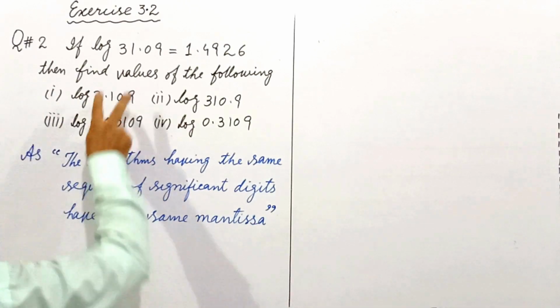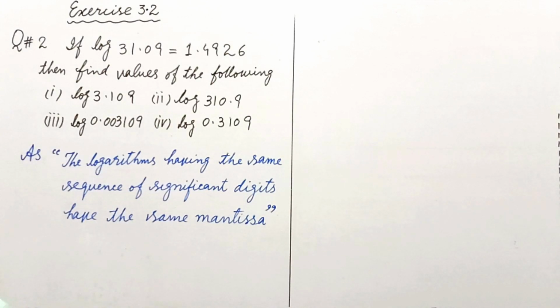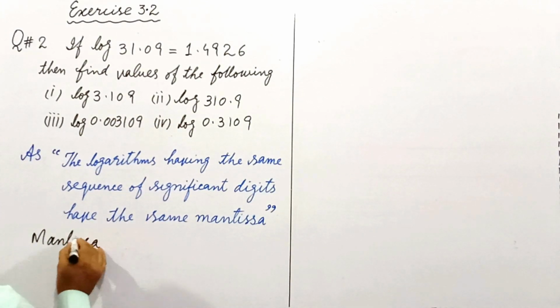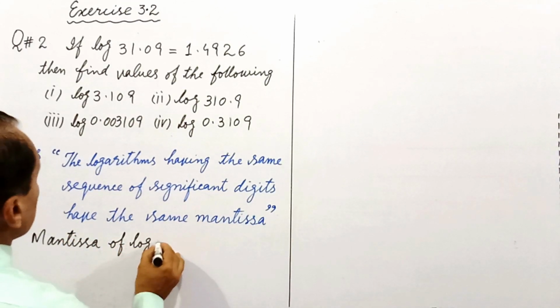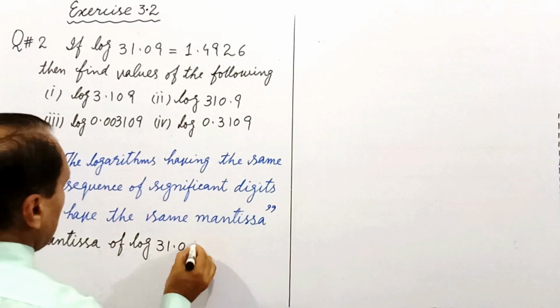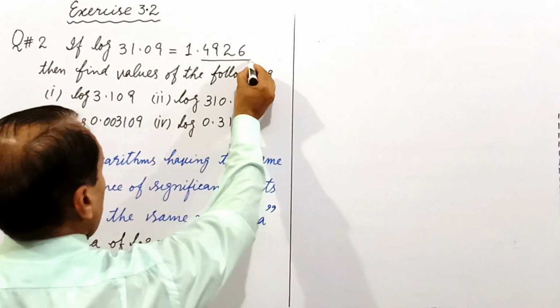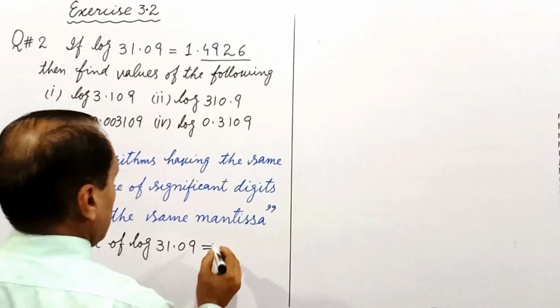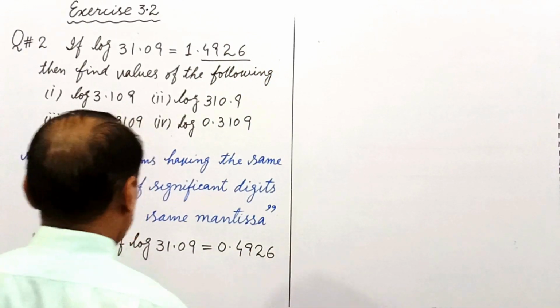And as the logarithm of 31.09 is given to us, it means the mantissa of the logarithm of 31.09 is equal to the decimal part of the logarithm of the given number, that is 0.4926.